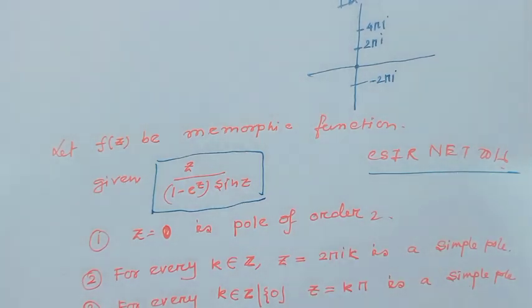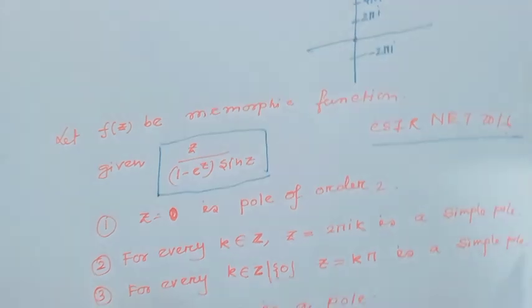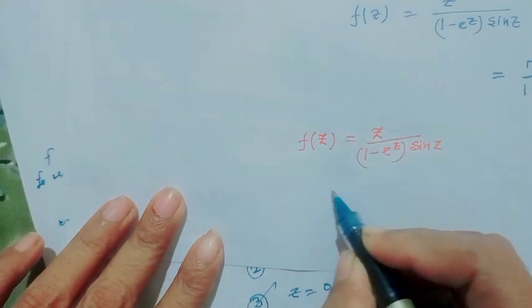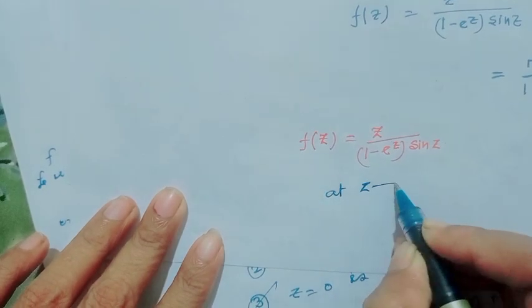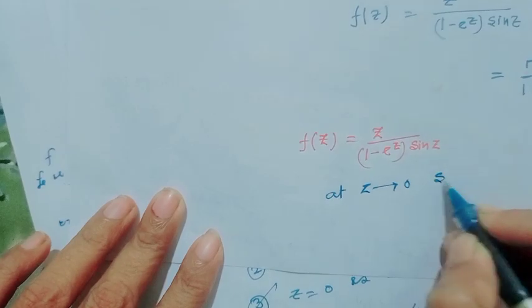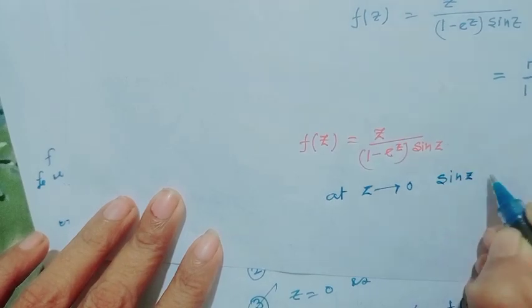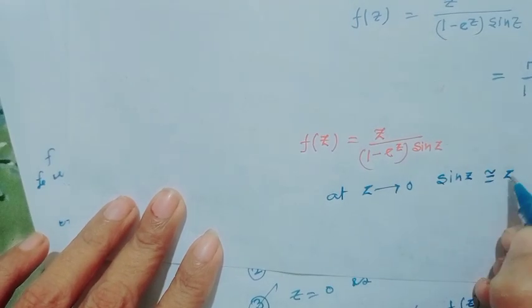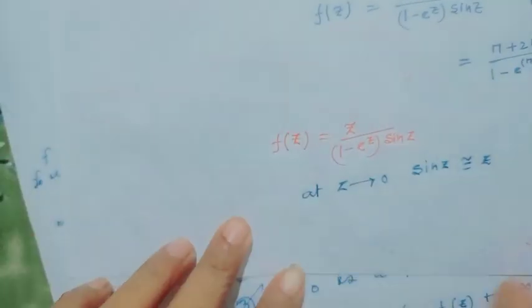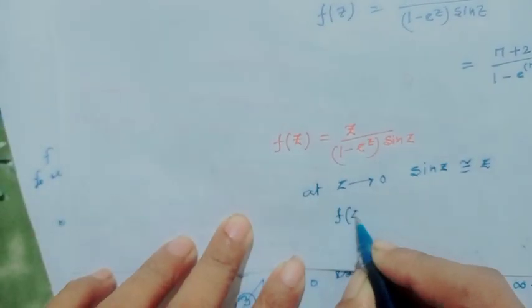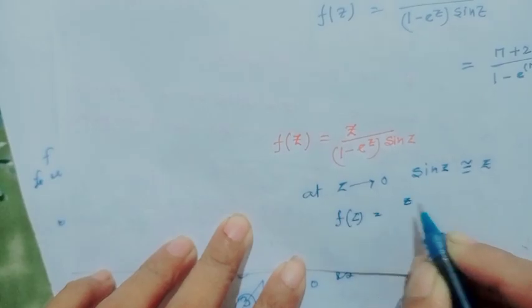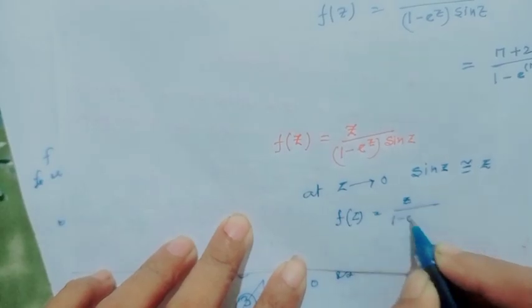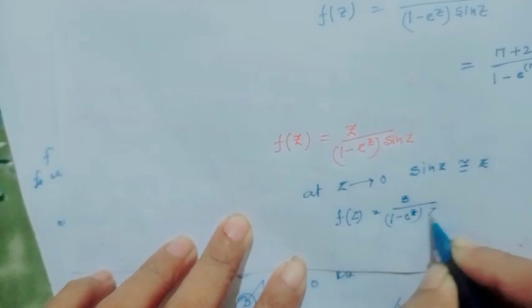Option 4, z equal to pi plus 2 pi i is a pole. As z tends to 0, sin z is equivalent to z, then f(z) equals z over 1 minus e to the power z times z.